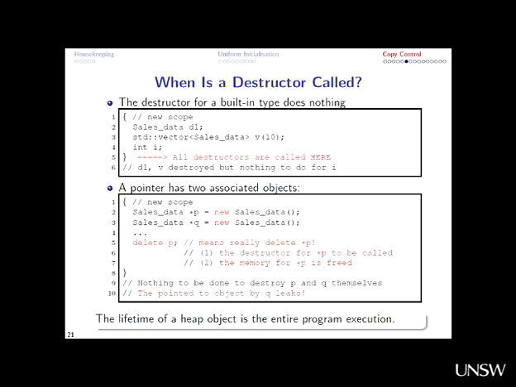The bottom set of stuff are what's called unnamed objects. Wherever you see new, it's an unnamed object, and the unnamed object goes on the heap. The lifetime of a heap object is the entire program execution, unless you delete it.